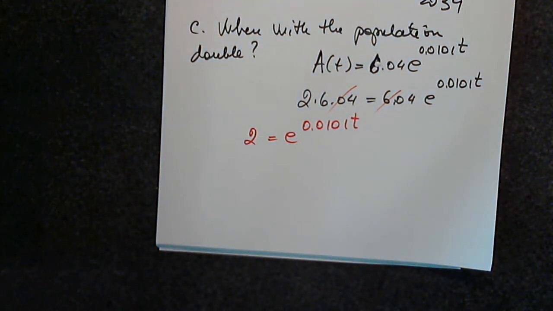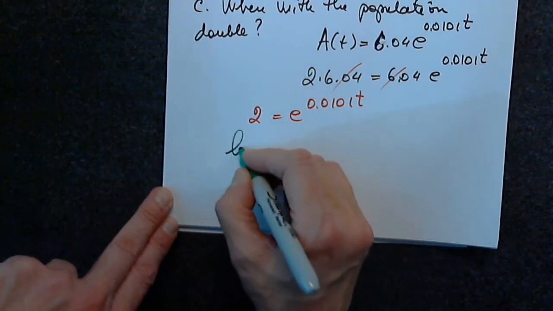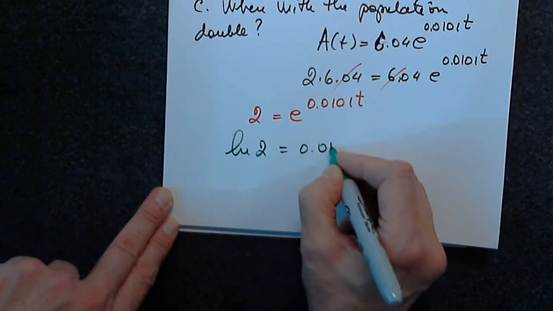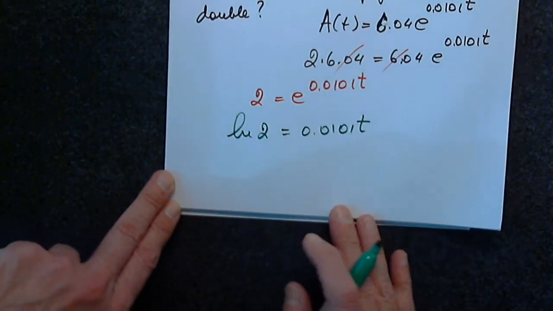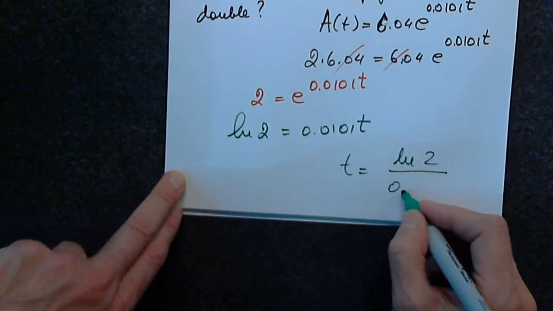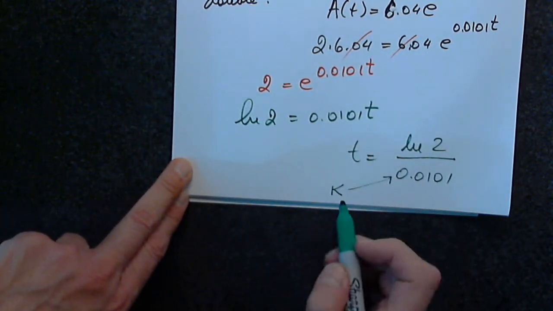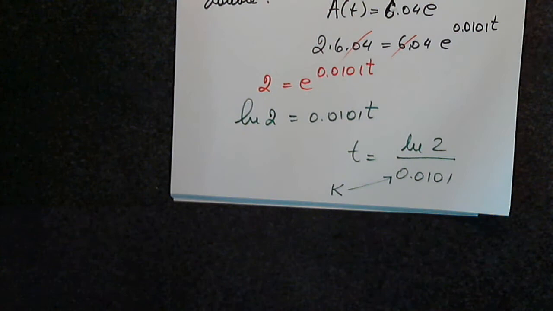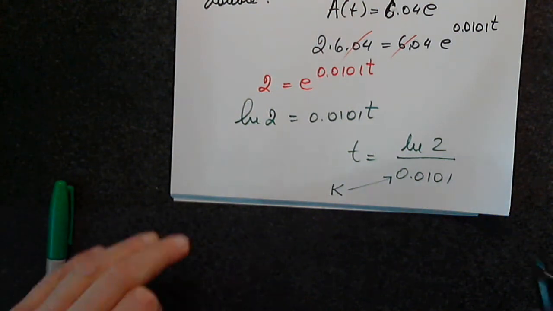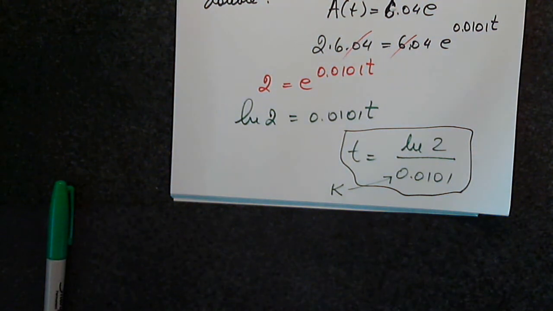Okay. This is completely cleaned up, so I'm ready now to find when the population doubles, assuming the model still holds. So natural log 2 equals 0.0101t. And then t equals natural log 2 divided by 0.0101, which was basically k. So this is the formula for the population to double. You don't have to memorize any of that.